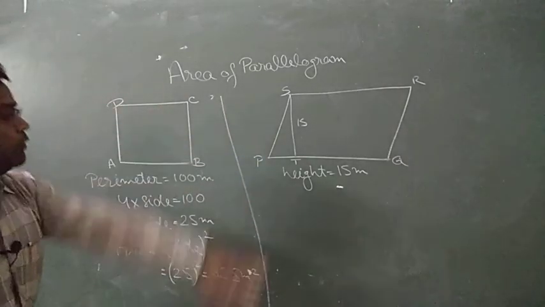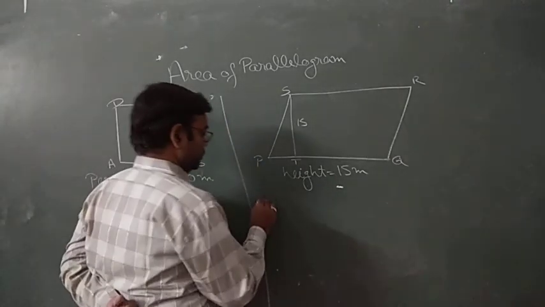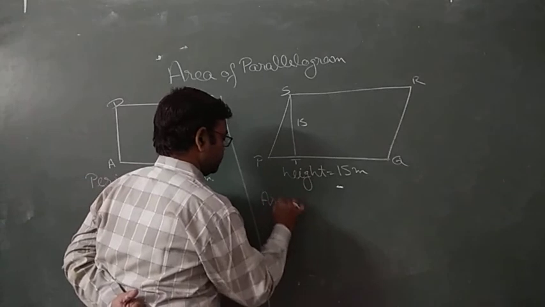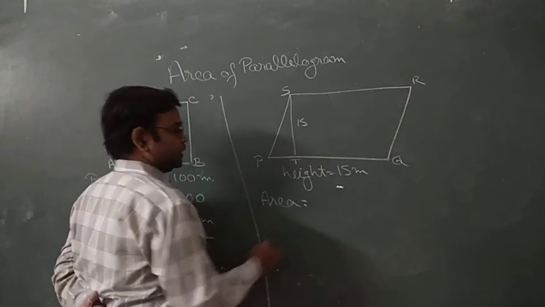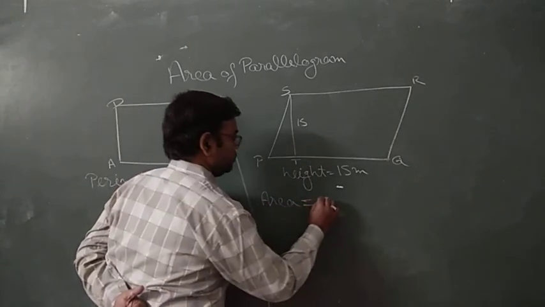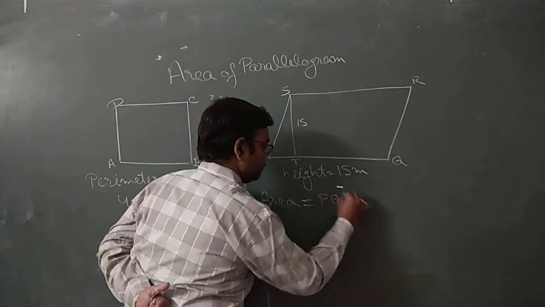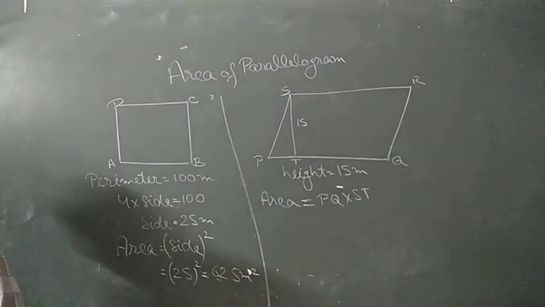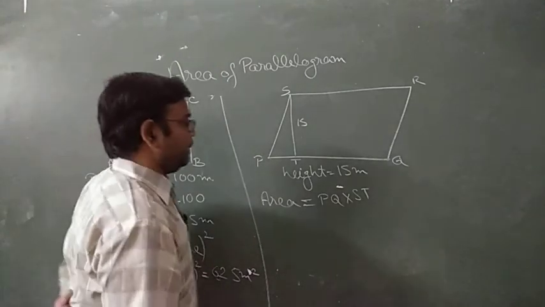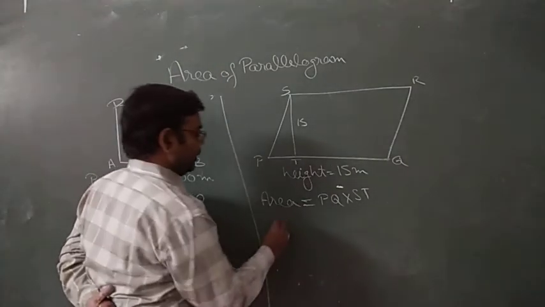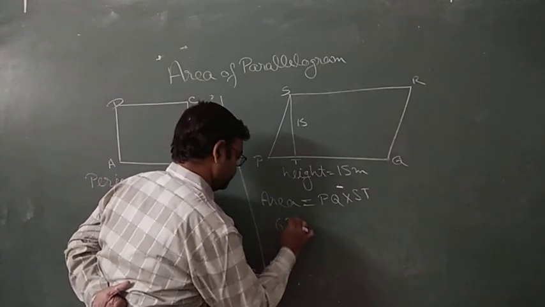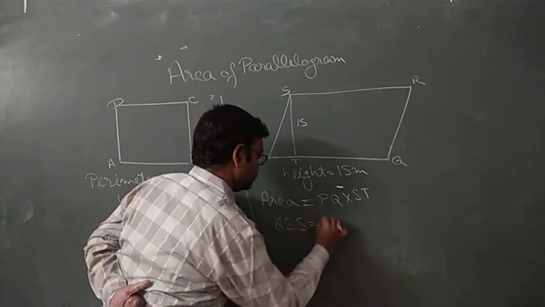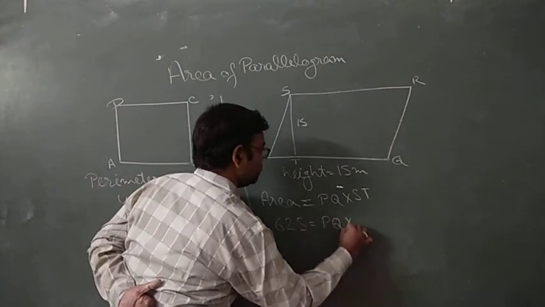Now in the case of the parallelogram, as we know, area equals base into height. Height is your ST, base is your PQ. So PQ into ST. The question asks to find the length of the corresponding base of the parallelogram, means PQ. Area is your 625 equals PQ into 15.